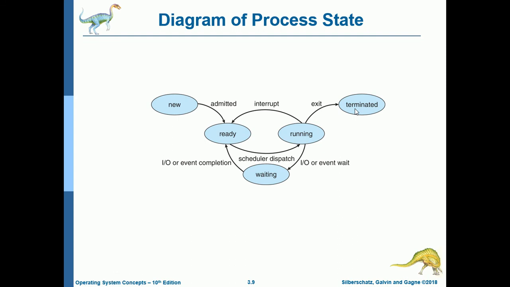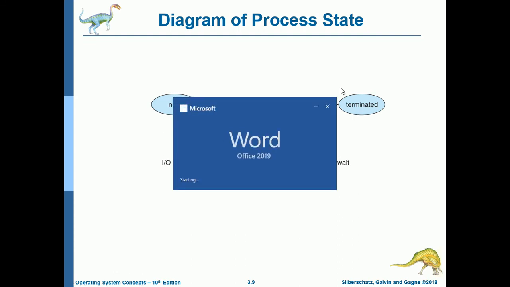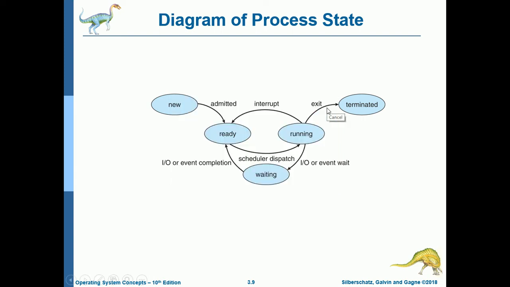So again, the Word document is returned as a program. Okay, so that is an example of a process state. I hope you understand how the process goes to new, ready, running, then waiting, and then terminated. This process state is the same for all programs or processes. Again, a process is a program in execution.